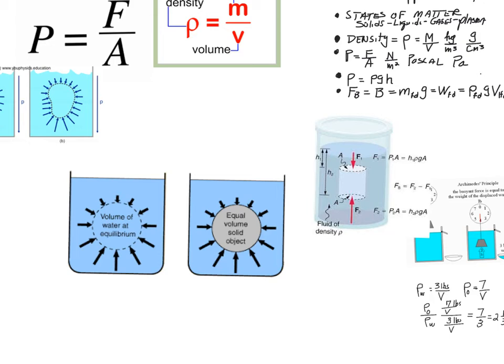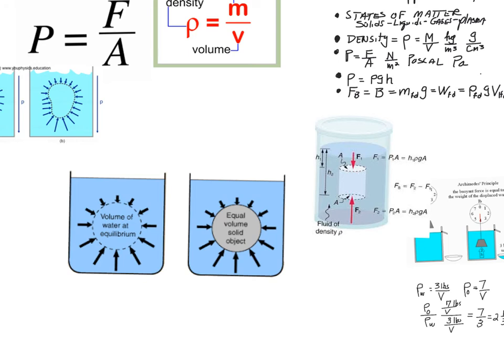So at the top, the pressure of the water is pushing down on the object. At the bottom, it's pushing up, and at the sides, it's pushing in. So it's being compressed in all directions. But because pressure depends on height, the pressure at the bottom is higher than the pressure at the top. And so there's a net force up. That's what causes the buoyant force.